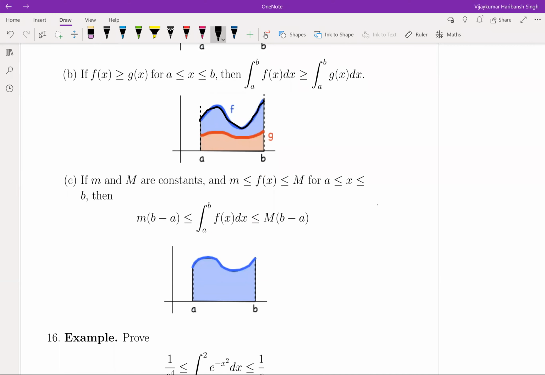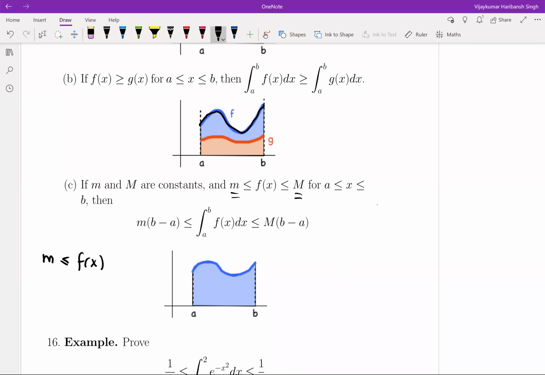Next one is, if your f is between small m and capital M, then what do you get? You will get the following. In this case, you have m is less than or equal to f of x. So think about this as a constant function. So you have the integral from a to b of m dx is less than or equal to the integral from a to b of f(x) dx.